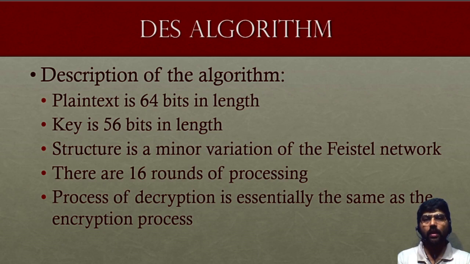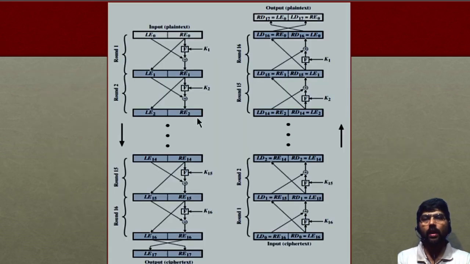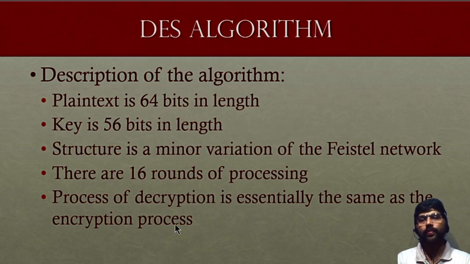That is, it follows the same Feistel structure. This is the diagram for DES, which follows the same Feistel structure. There are 16 rounds of processing.